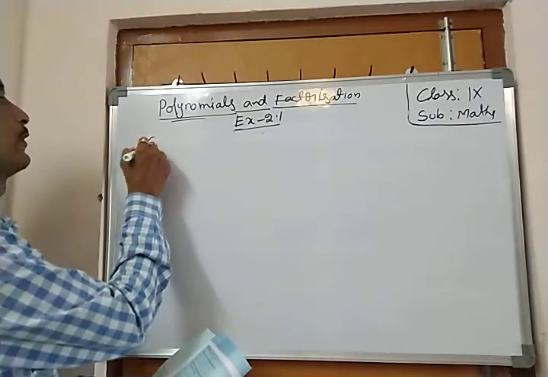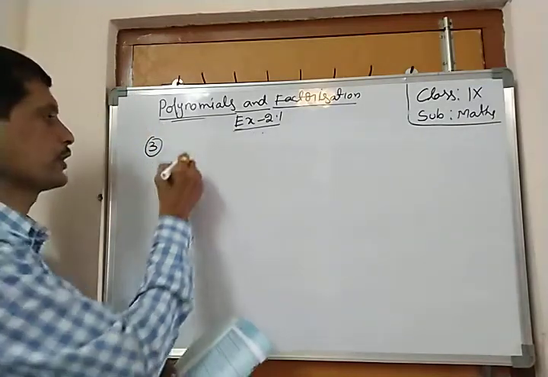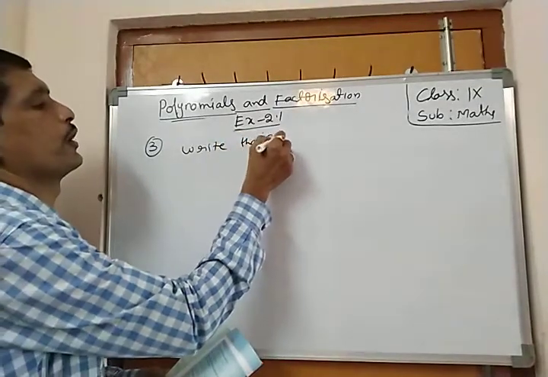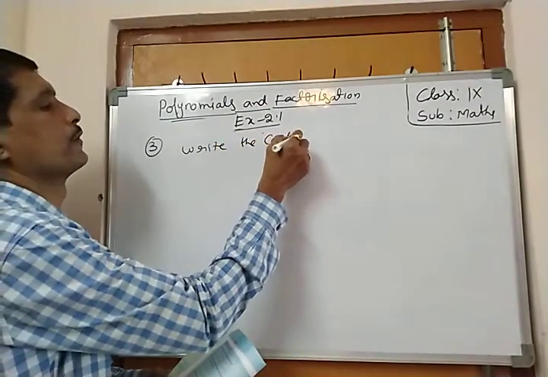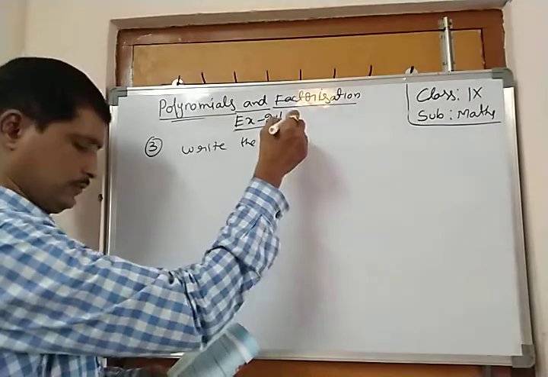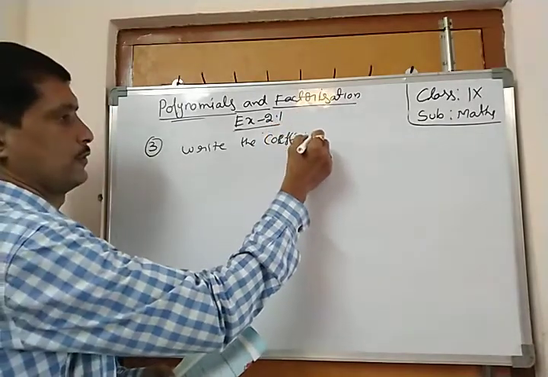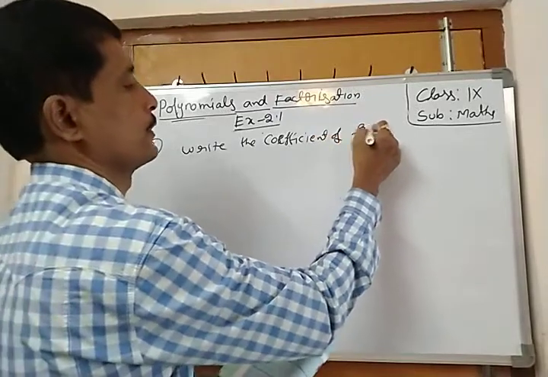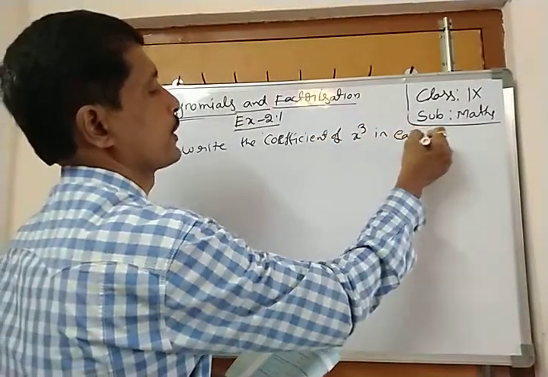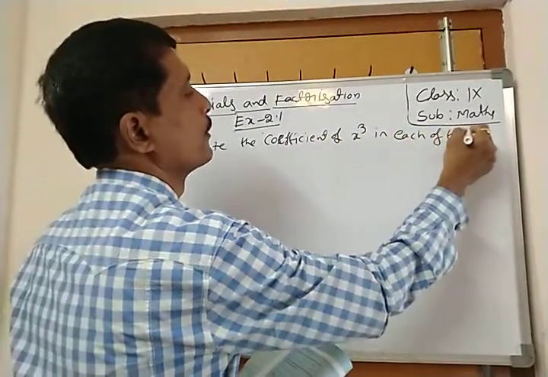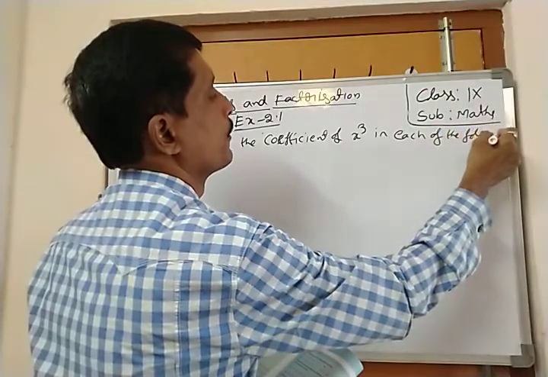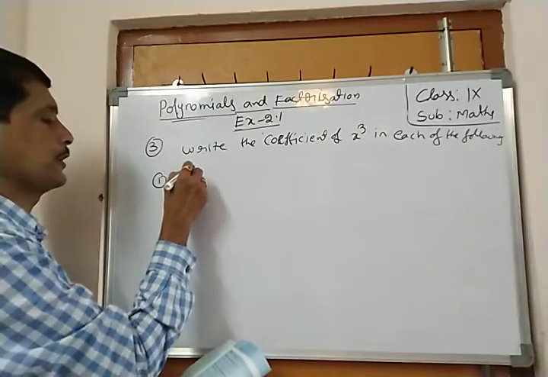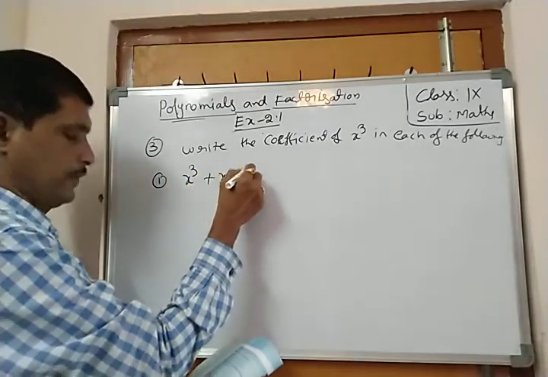Third question. Write the coefficient of x cube in each of the following. First one is x cube plus x plus 1.